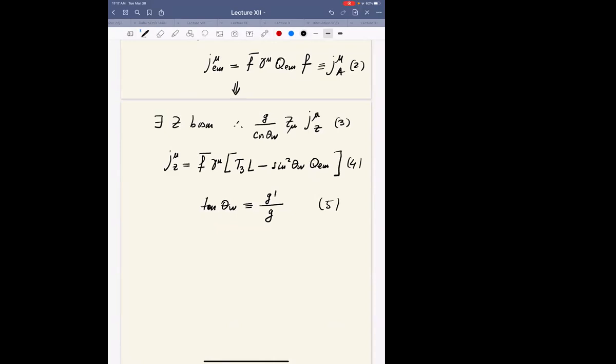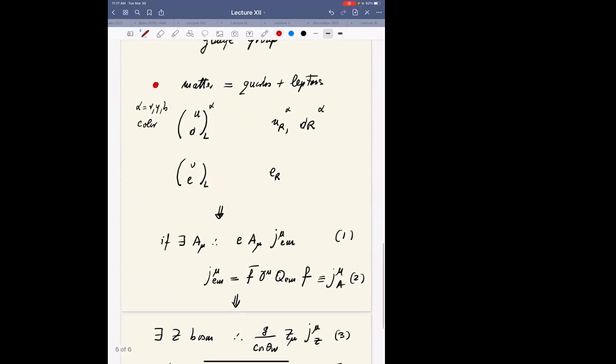What else should I say here? Maybe you want to ask me something, maybe you don't. Remember that e is g sine theta W. This is a very important relation. It tells you that e is smaller than g even. Electromagnetic interactions are somewhat weaker than weak.